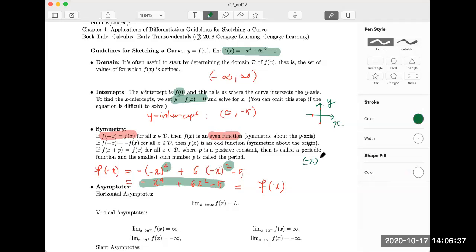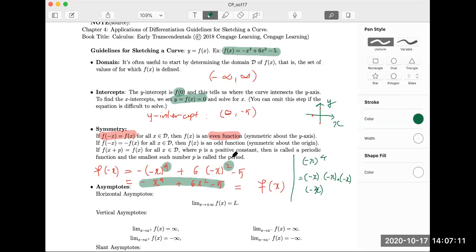Negative x to the 4th is negative x times negative x times negative x and times negative x, 4 times, right? That is the definition of power rule. Okay, got it. Very good. That is why negative x to the 4th is equal to x to the 4th. And the negative sign in front of that, it would be just a negative sign here.